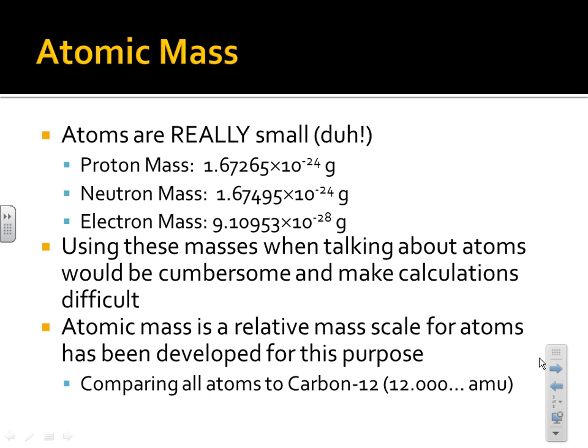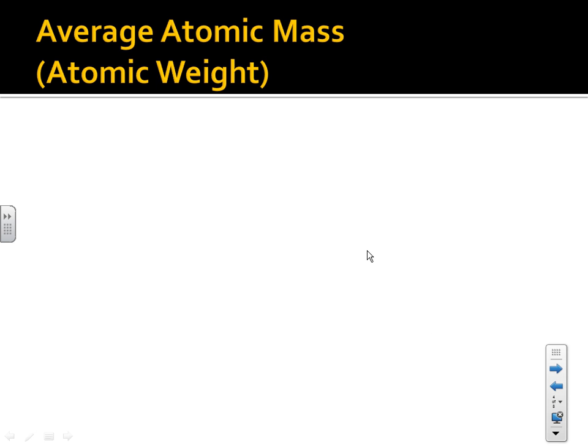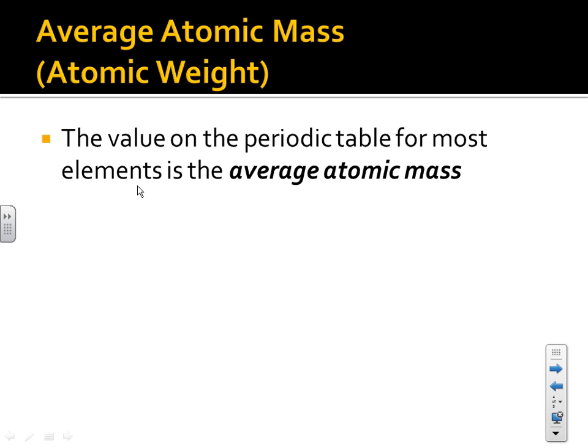Okay? Good there? What we can do with that is, we just went through and calculated the average atomic mass, and that's the number that shows up on the periodic table. For most elements, not all, and there's a reason why some of them aren't, that number is the average atomic mass.